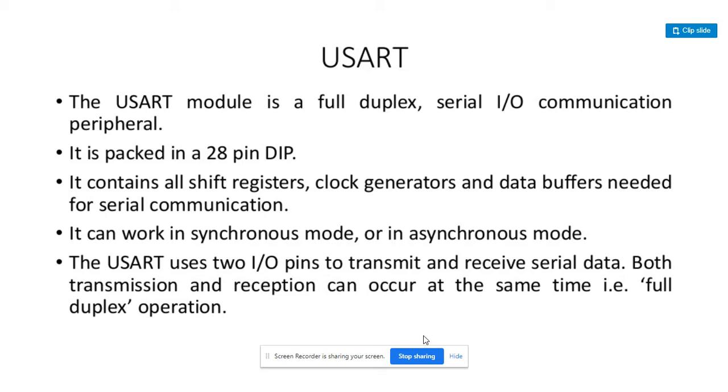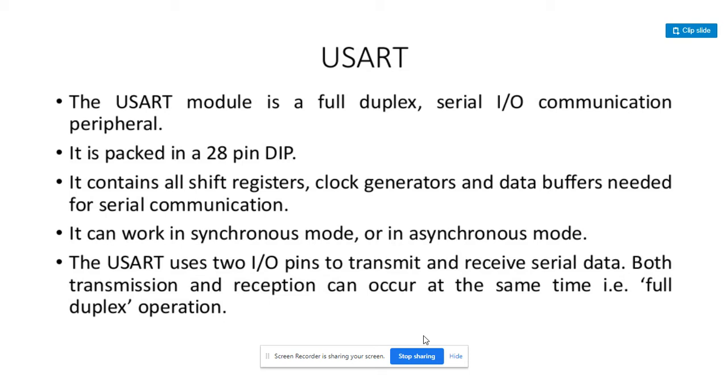For transmission of data, there are three modes we have already studied: simplex mode, half duplex mode and full duplex mode. There is an interface device named Universal Synchronous Asynchronous Receiver Transmitter, that is USART.